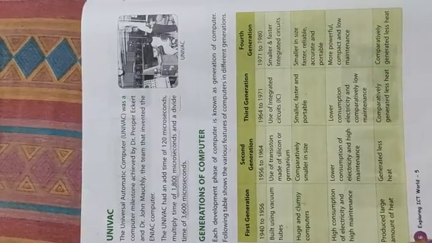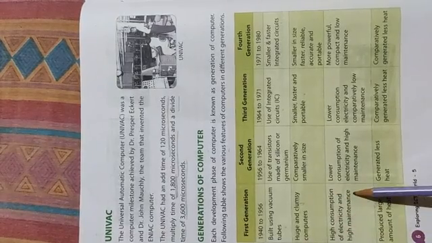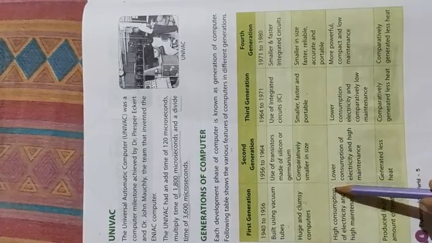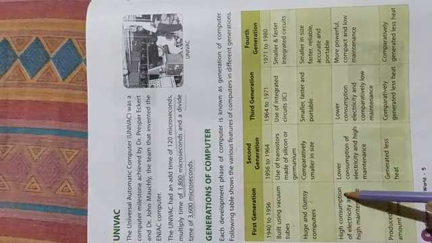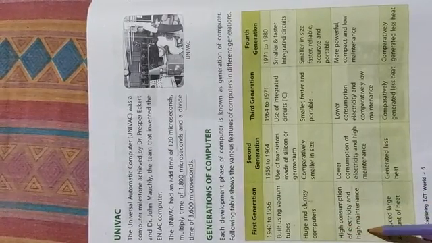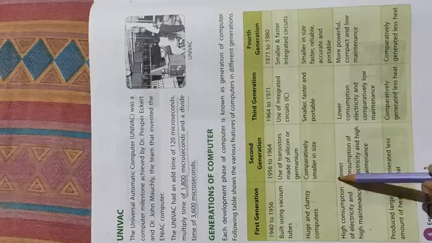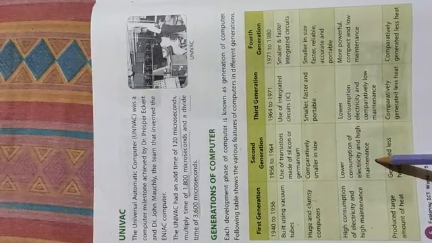Now, the first generation had high consumption of electricity and high maintenance because its size was very large. The second generation had lower consumption of electricity compared to the first generation and high maintenance.